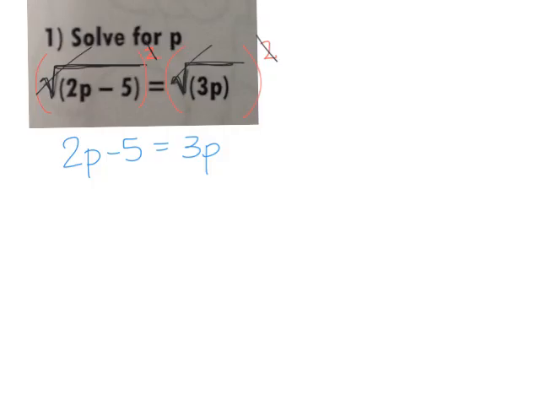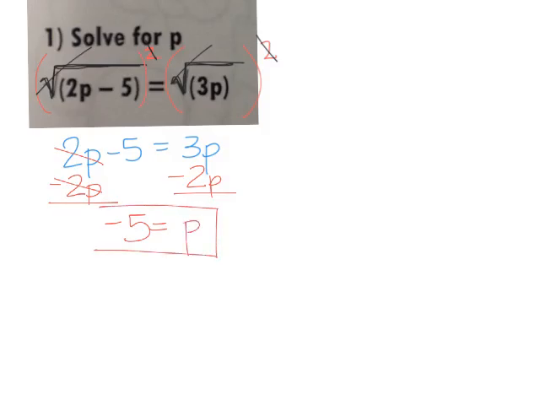If you said additive inverse, that would be correct. The additive inverse of 2p is negative 2p. So I will just subtract 2p from both sides of the equation. That leaves me with negative 5 equals 3 minus 2 is 1p, which means p is equal to negative 5.